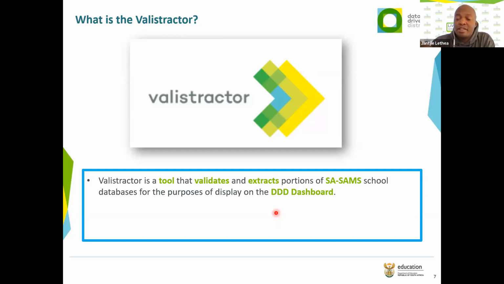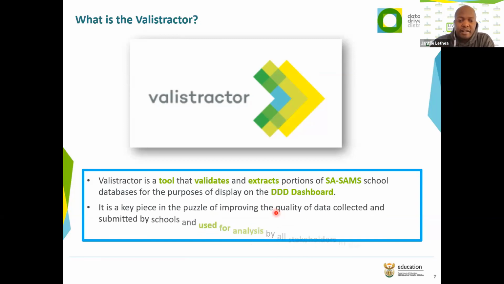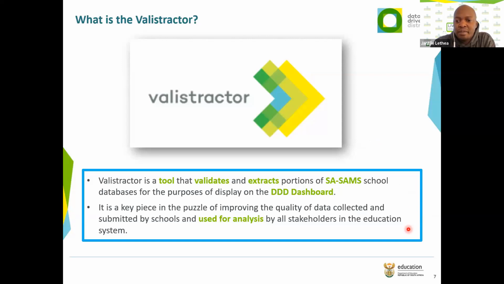The data that we are seeing on the dashboard is made up from those 4 modules. And secondly, it says that the Valistractor is a key piece in the puzzle of improving the quality of data collected and submitted by schools and used for analysis by all stakeholders in the education system.